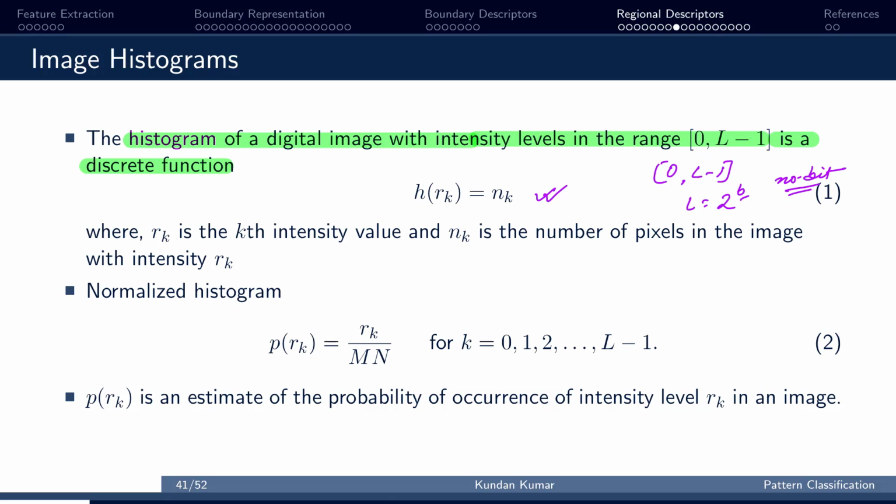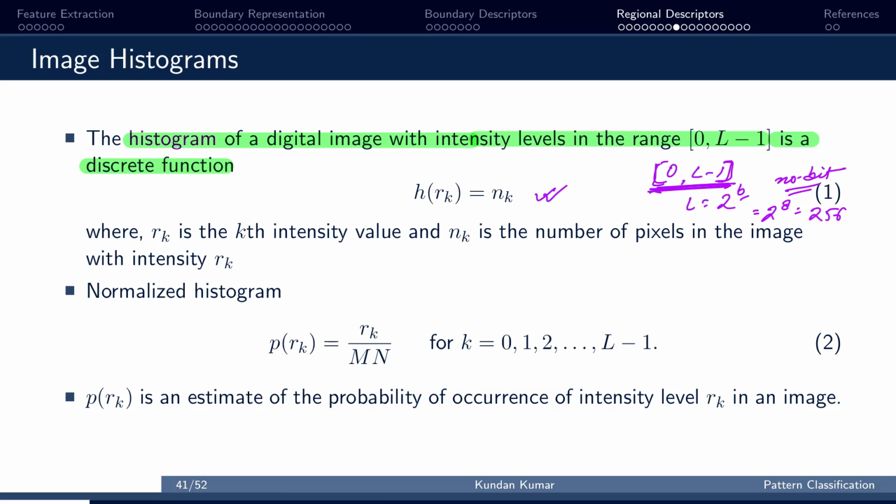If we are dealing with an 8-bit grayscale image, then 2 to the power 8 is 256. That means intensity levels in the range of 0 to 255. Whatever the grayscale value is, it will be in this range.